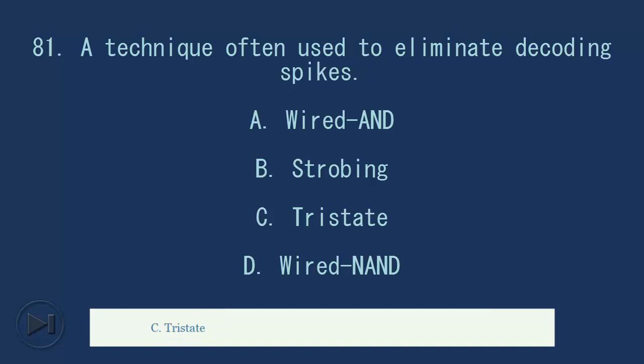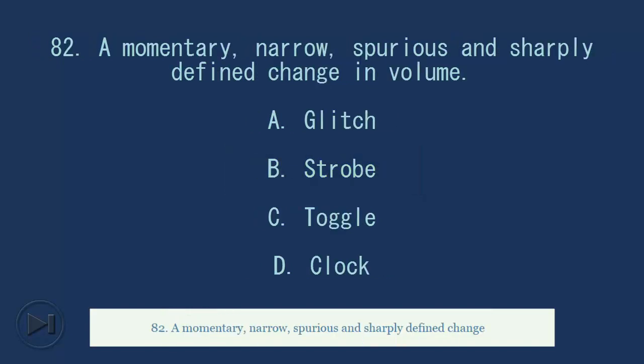C. Tri-state. D. Wired NAND. Answer, B. Strobing. 82. A momentary, narrow, spurious, and sharply defined change in volume. A. Glitch. B. Strobe. C. Toggle. D. Clock. Answer, A.